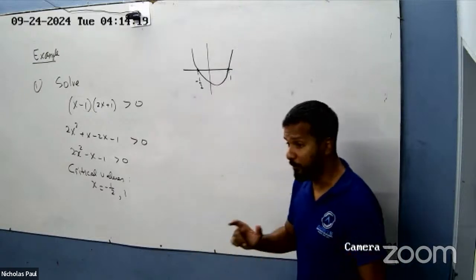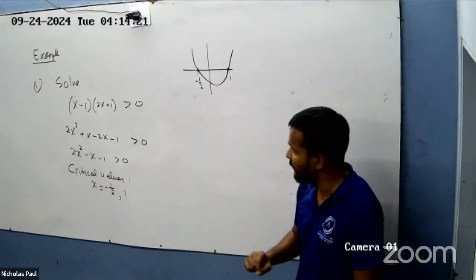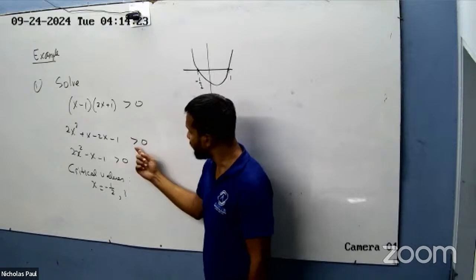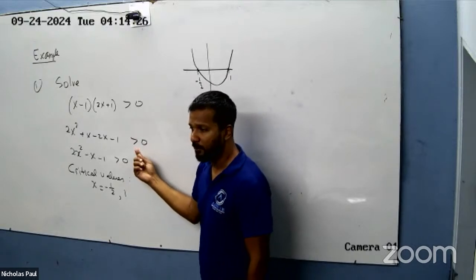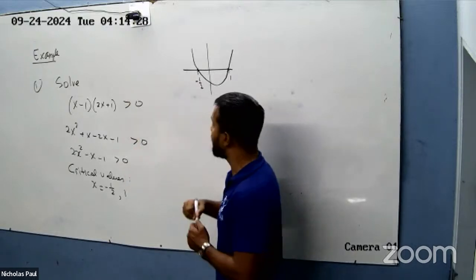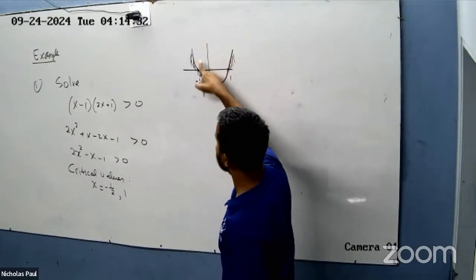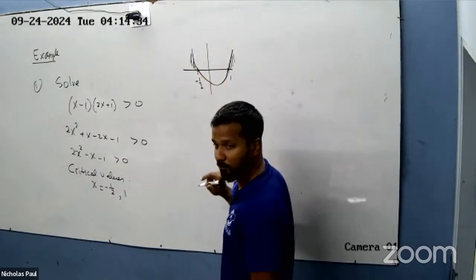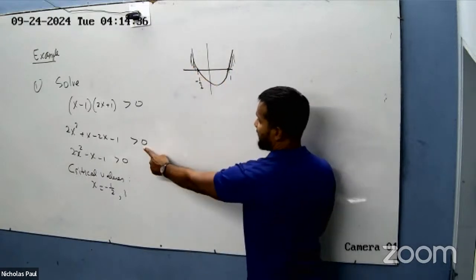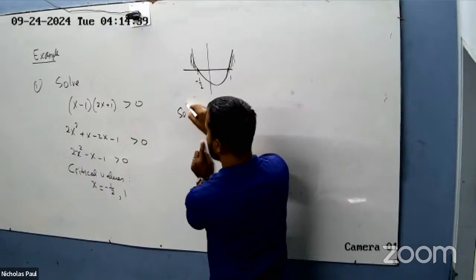Now for the most important part before you write the solution. Where to shade? More than 0 means we are shading where? Above, right? More than 0 means we shade above. We can't shade in the middle here, we just shade out here. And then, because it's more than, write the solution.